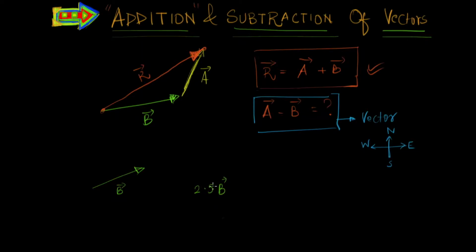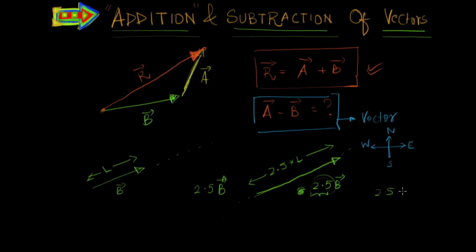So we want to know, how does this vector look? Well, if this is B in this direction, then 2.5B would be the vector in the same direction, just 2.5 times the length of this. So if this length is L, then this length would be 2.5 multiplied by L. So this would be 2.5B. And again, this number is positive. Since 2.5 is greater than 0, the direction does not change.